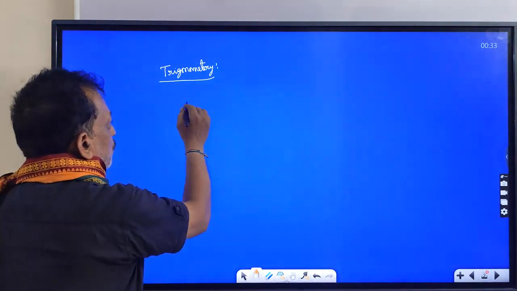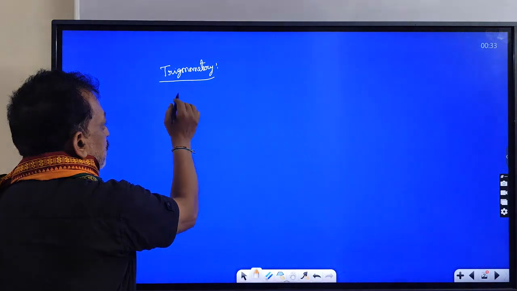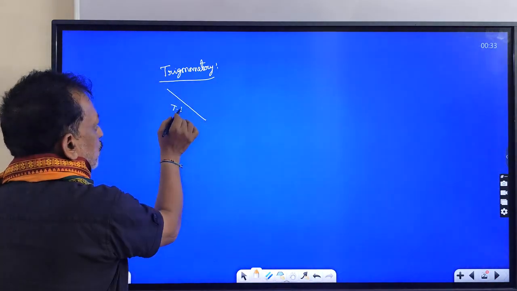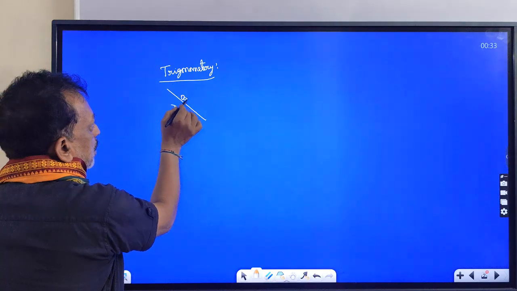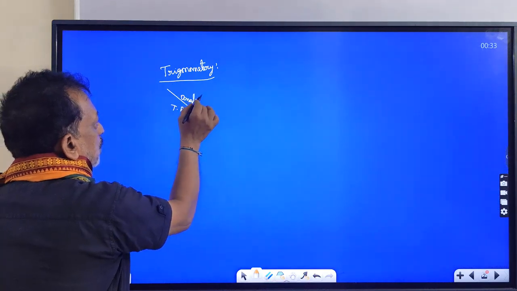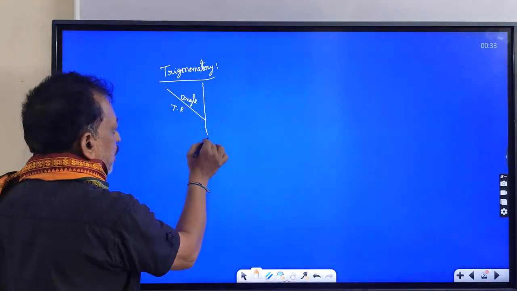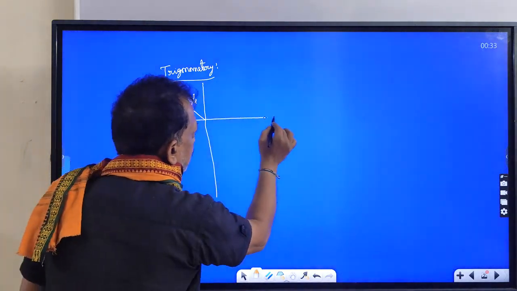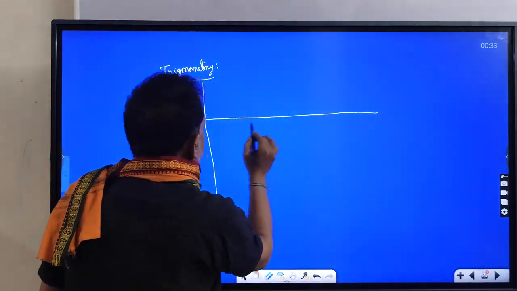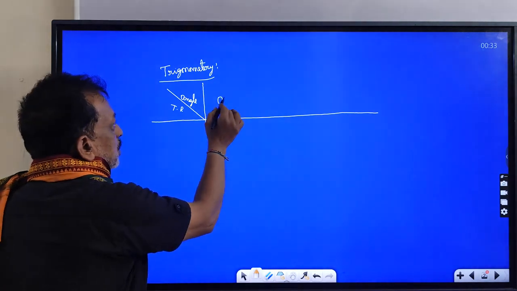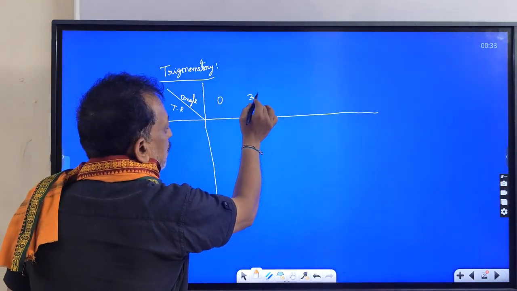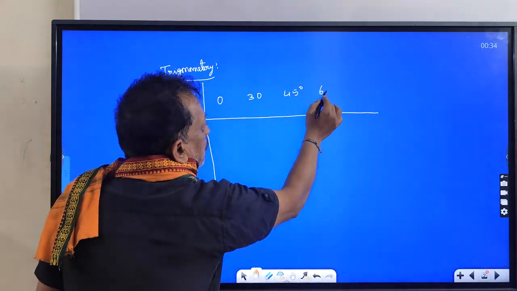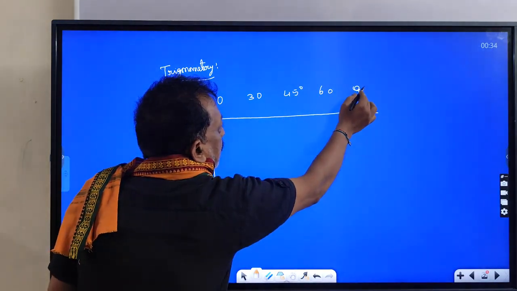This is the angle and this is the trigonometric ratio. I am writing a table as well, but if you want to find any angle between these, I'll give an easy shortcut. The angles are 0 degrees, 30 degrees, 45 degrees, 60 degrees and 90 degrees.